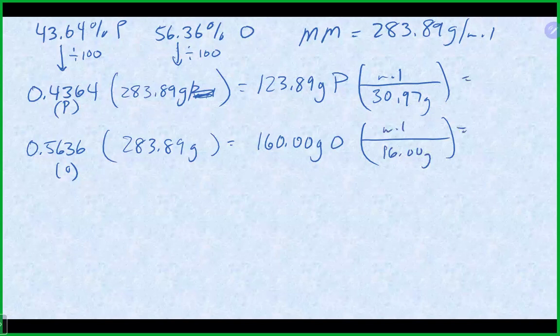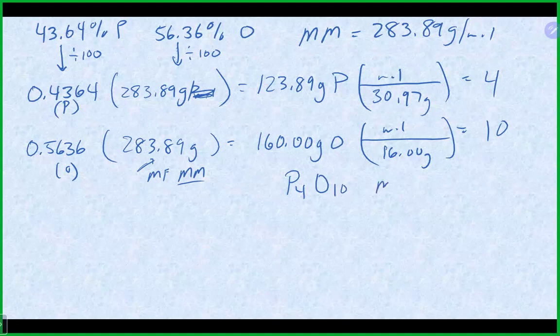If you take 123.89 divided by 30.97, you get a 4. And if you take 160 divided by 16, you get a 10. And that is the molecular formula we just calculated, because this is based off of the molecular formula's molar mass. That would give us a molecular formula, as we just saw in the previous calculation, of P4O10.